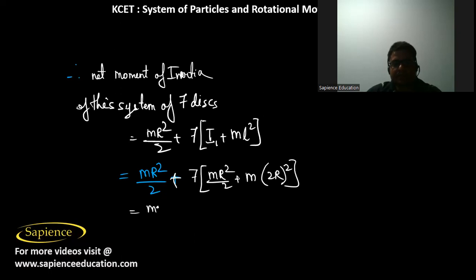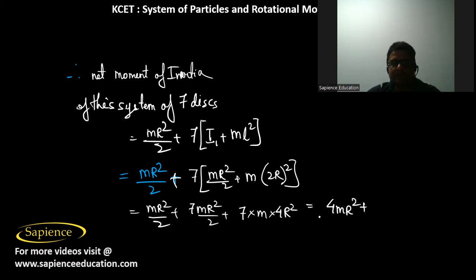So this will be mr square by 2 plus 7 mr square by 2 plus 7 into m into 4r square. So this will be 7 by 2 plus half, that is 8 by 2, so 4 mr square, plus 28 mr square, which will be equal to 32 mr square.